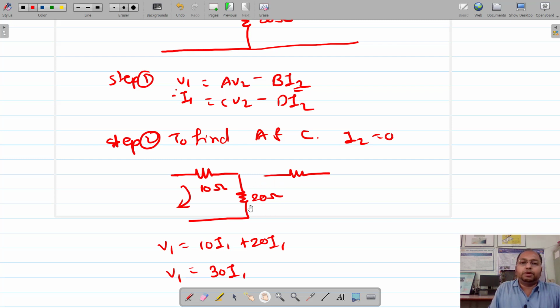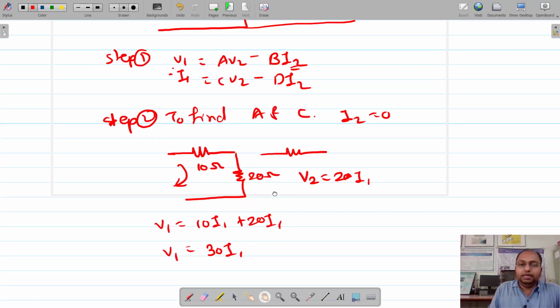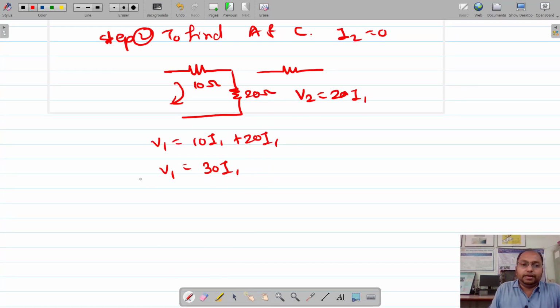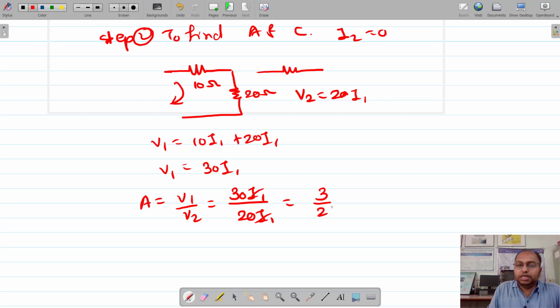V2 is the drop across this 20 ohm resistor, so V2 equals 20 I1. Therefore, we take the ratio. A is V1 divided by V2, where V1 is 30 I1 and V2 is 20 I1. So I1 cancels out, and 3 by 2 comes as 1.5.